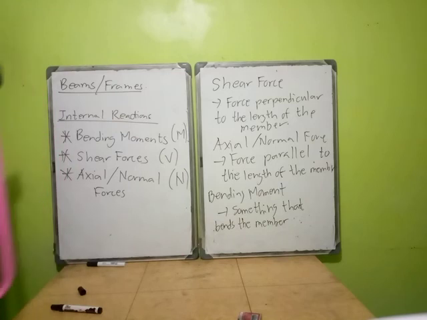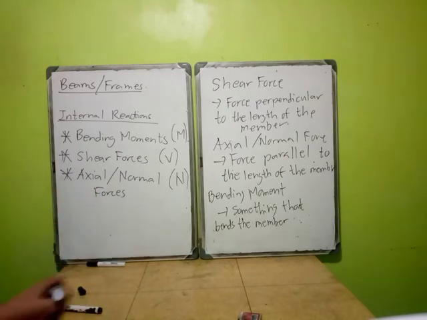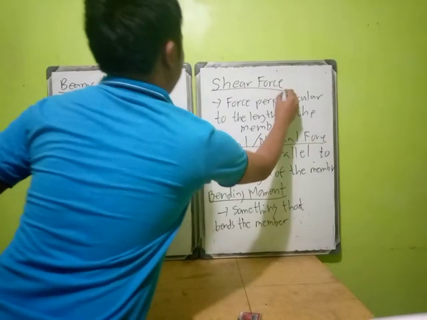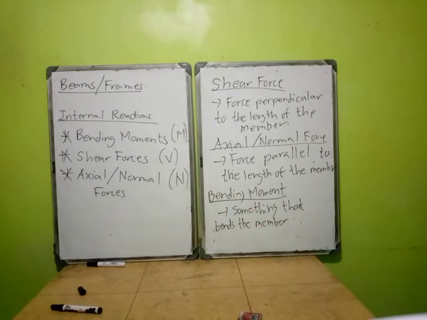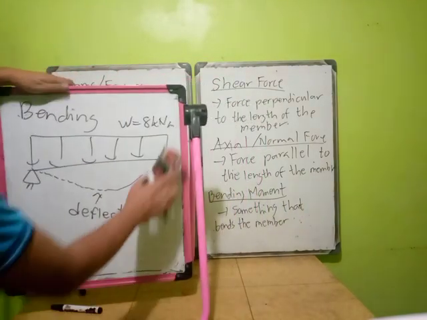Okay, so other thing that could not be seen in the 2D representation other than the bending moment is we also have the torsional moment. Okay. So, by definition, so balikan natin.